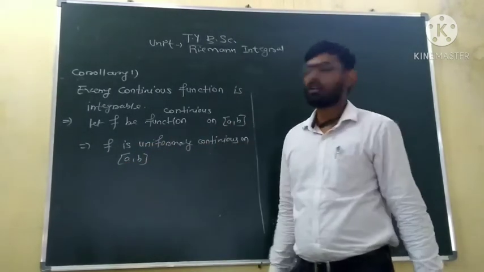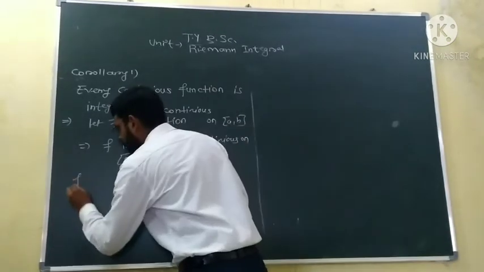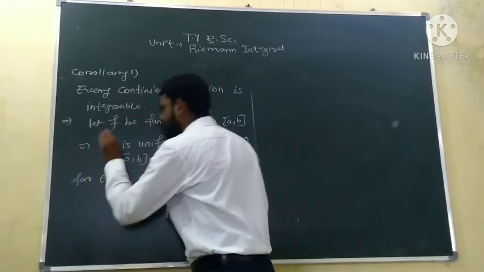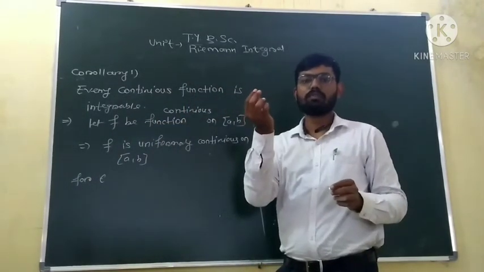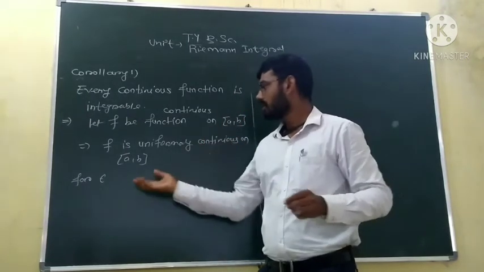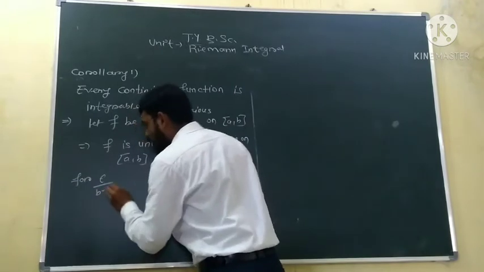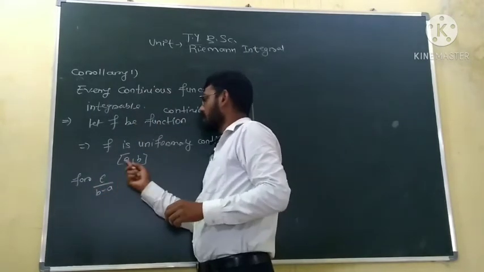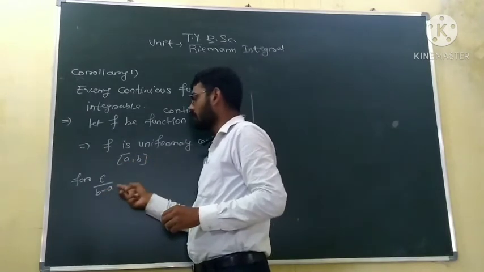So by the definition of a uniformly continuous function, we can write: for any epsilon, take the positive number epsilon upon b minus a. Since epsilon is positive, [a, b] is a closed bounded interval and b is greater than a, b minus a is positive.